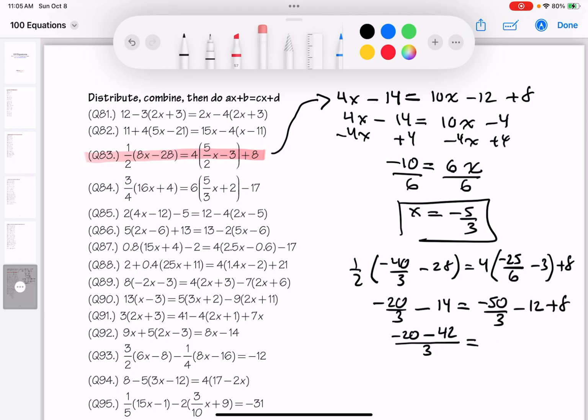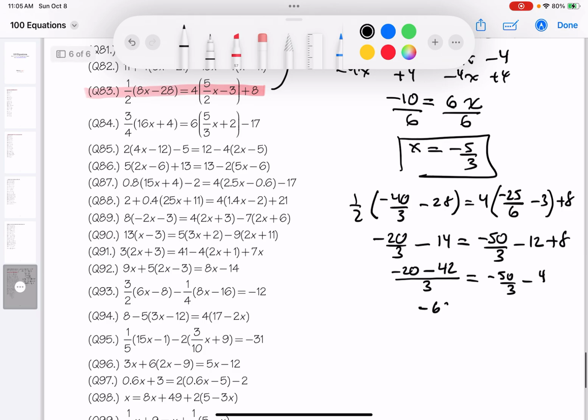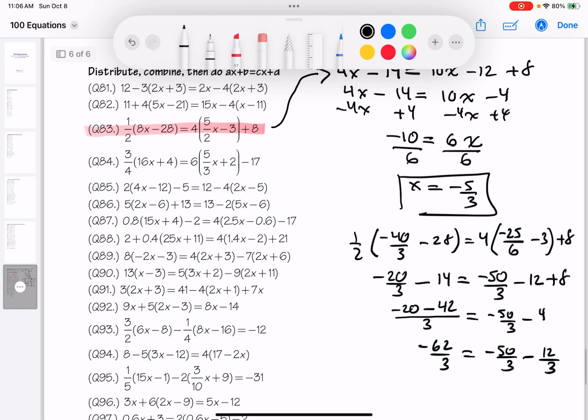I shouldn't have done that. This is going to be minus 50 thirds, and that's going to be minus 4. Let's keep doing this. This is minus 62 thirds. This is minus 50 thirds, and 4 is going to be 12 thirds, and that's minus 62 thirds. So it does work out. So 83 works out nicely.